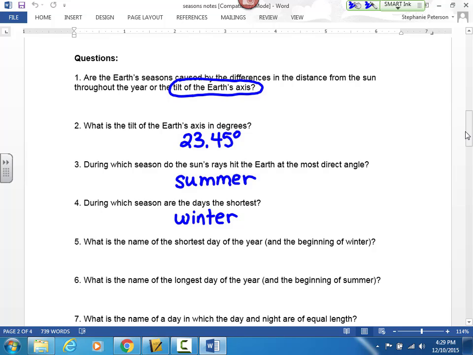What is the name of the shortest day of the year and the beginning of winter? That is called the winter solstice. What is the name of the longest day of the year and the beginning of summer? That is called the summer solstice.